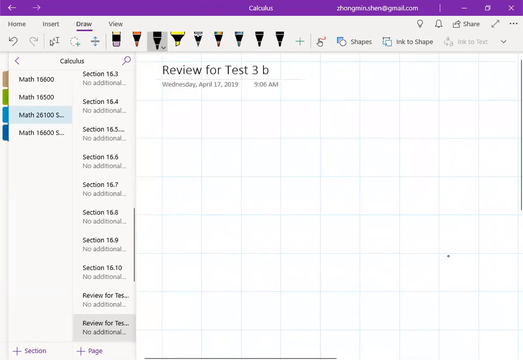Then we have Stokes' theorem. Stokes' theorem says that the line integral along the curve, which is the boundary of some domain on the surface, can be changed to a surface integral. This is a generalization of Green's theorem, actually.